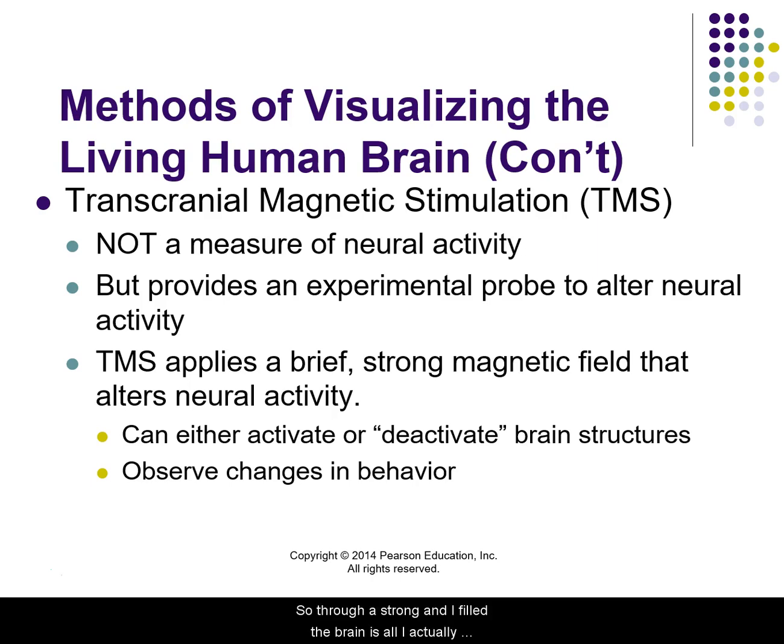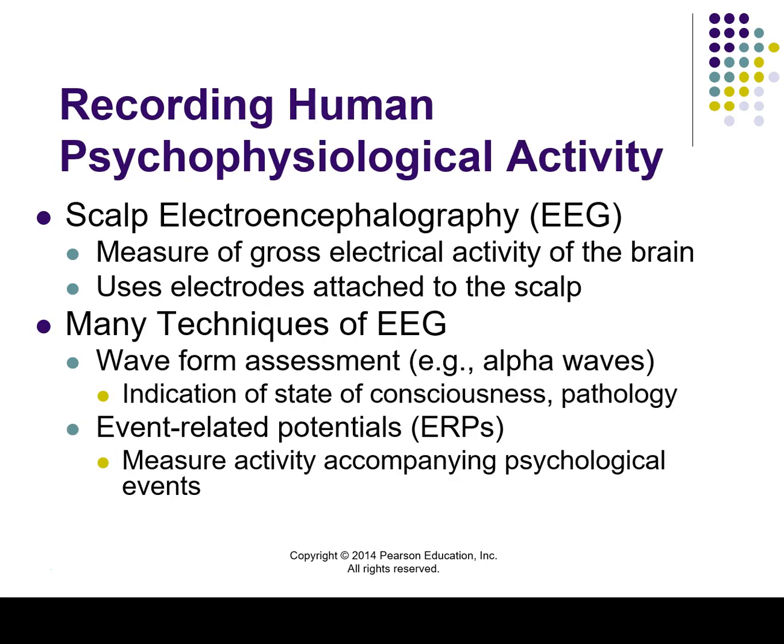So through a strong magnetic field, the brain is actually altered in some way to activate or deactivate a brain structure, and then we can observe the behavior that is due to that activation.